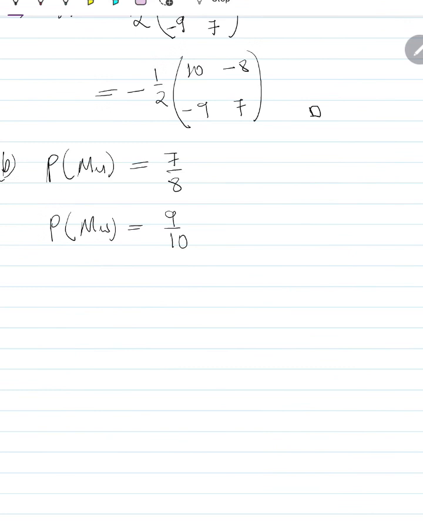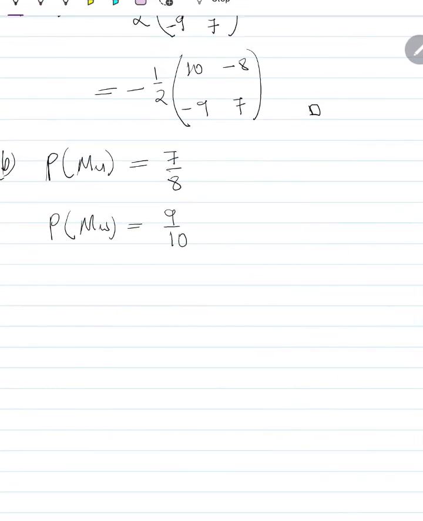So 3 marks. Okay, so number 1, you know that the sum of probabilities should be equal to 1. Now the chance of selecting Mutola is 7/8, and the chance of selecting Mwaba is 9/10.